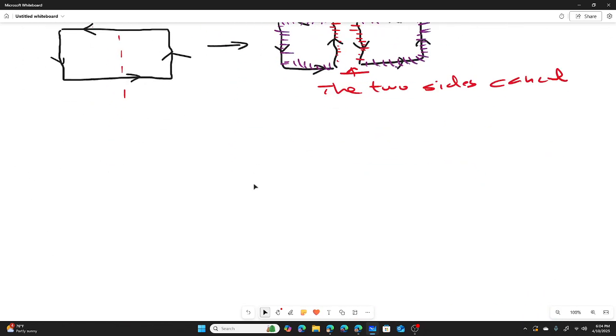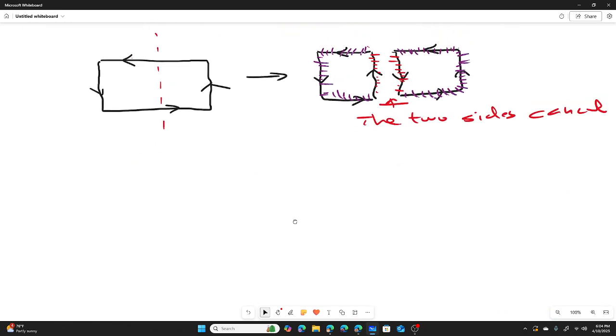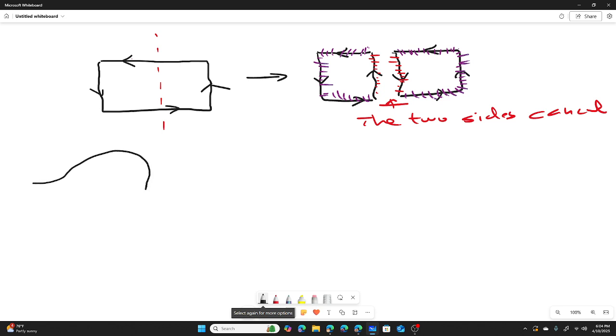Now, remember that suppose we have a curve C, right? And then we have, this looks very ugly. Let me just draw this more precisely.